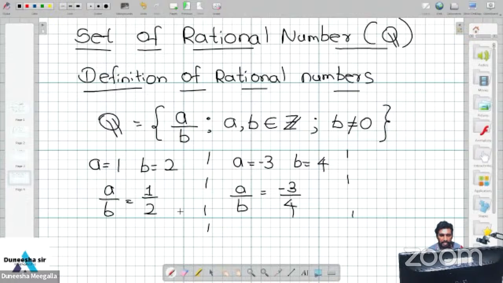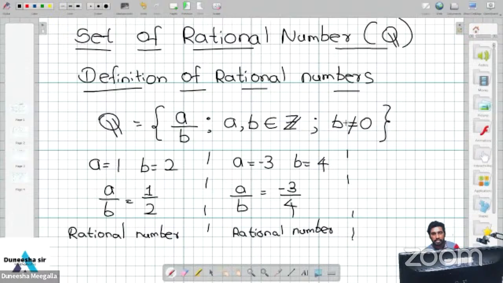Okay. This is a rational number. First one is a rational number, second one is a rational number. Okay. Then there is another condition in the definition.